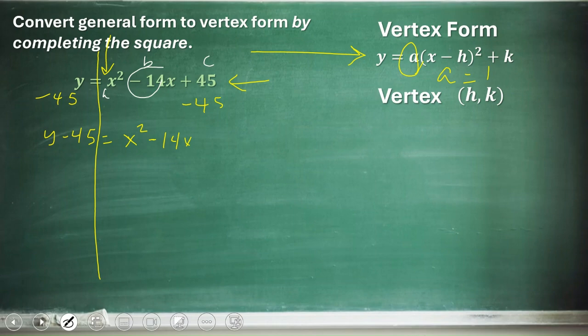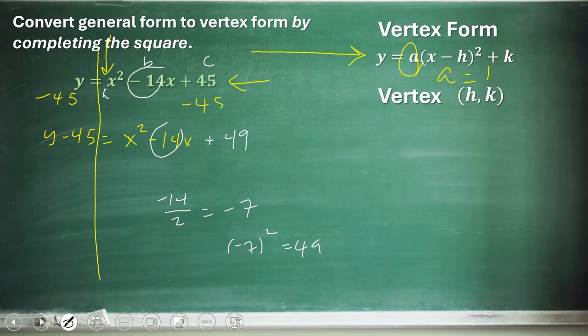So we're looking at our b term, which is negative 14, and we're going to cut it in half. Negative 14 divided by 2 is negative 7. Now we are going to square negative 7 because we are making a perfect square. Negative 7 squared is 49, positive 49. So I'm going to add 49 here.